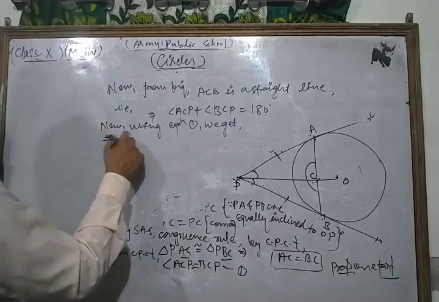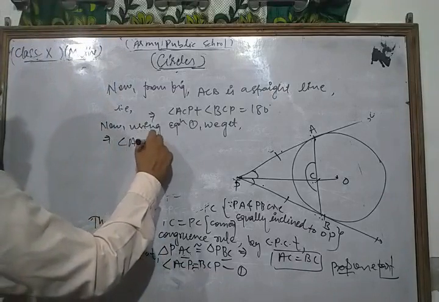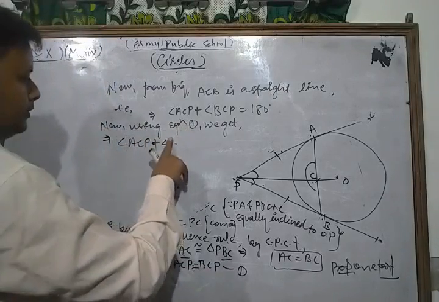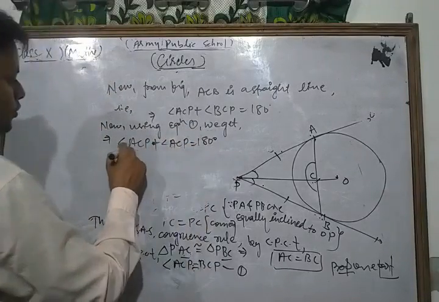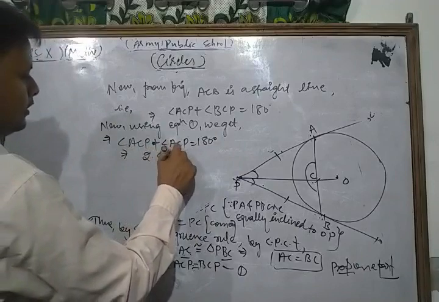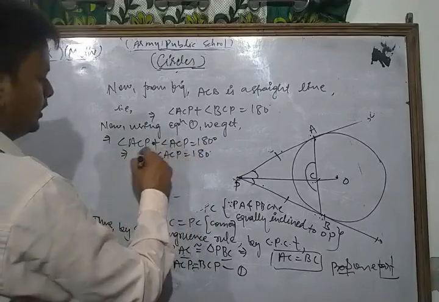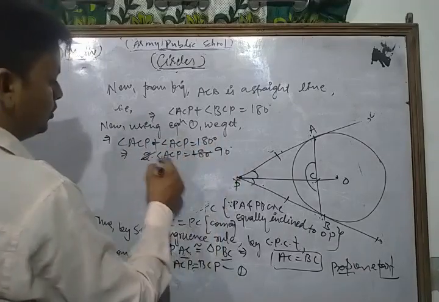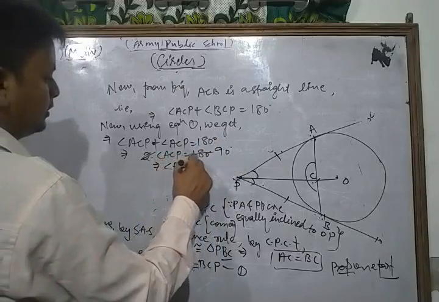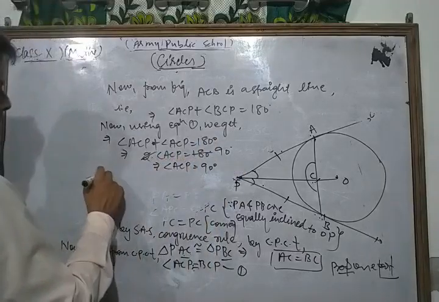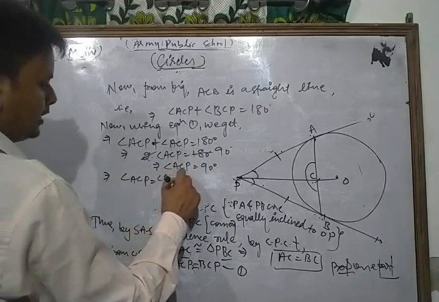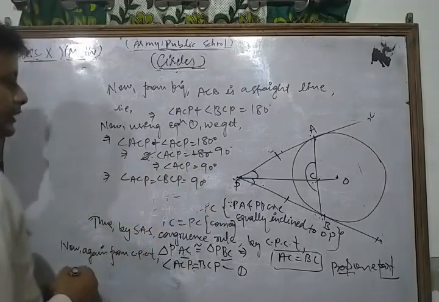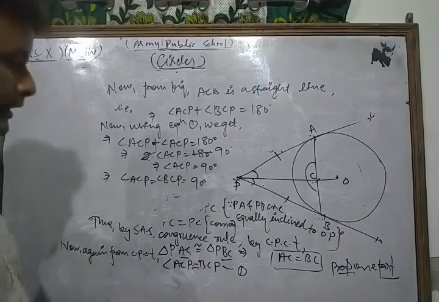So we have angle ACP plus angle ACP is equal to 180 degrees. So 2 times angle ACP is equal to 180 degrees, so angle ACP is equal to 90 degrees. That is, angle ACP is equal to angle BCP, each equal to 90 degrees.